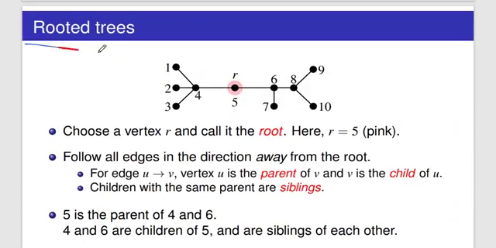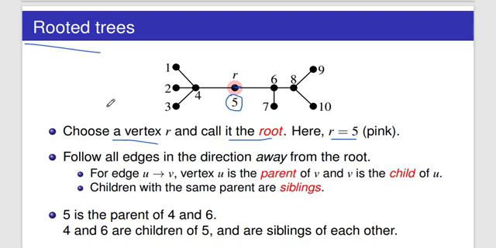Next is the rooted tree. This is the last topic. Choose a vertex R and call it the root. Here R is equal to 5, given by name.